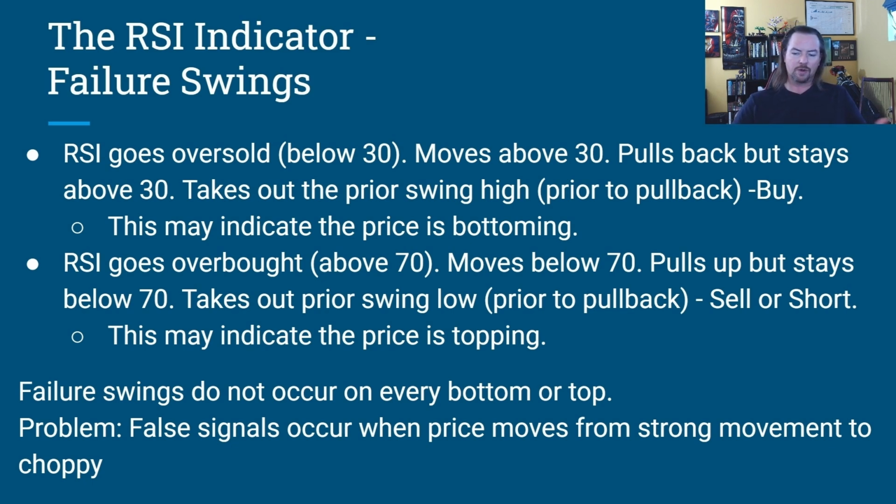Failure swings do not occur on every bottom or on every top. False signals occur when the price moves from strong movement to choppy. For that reason we discussed, we can get these really big readings when price moves quickly, but when it starts to slow down, you can get some chop, which does not necessarily indicate a reversal or anything.